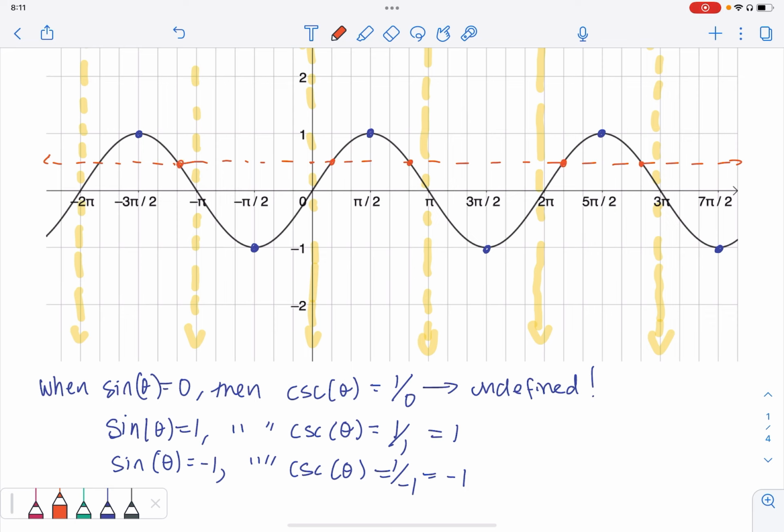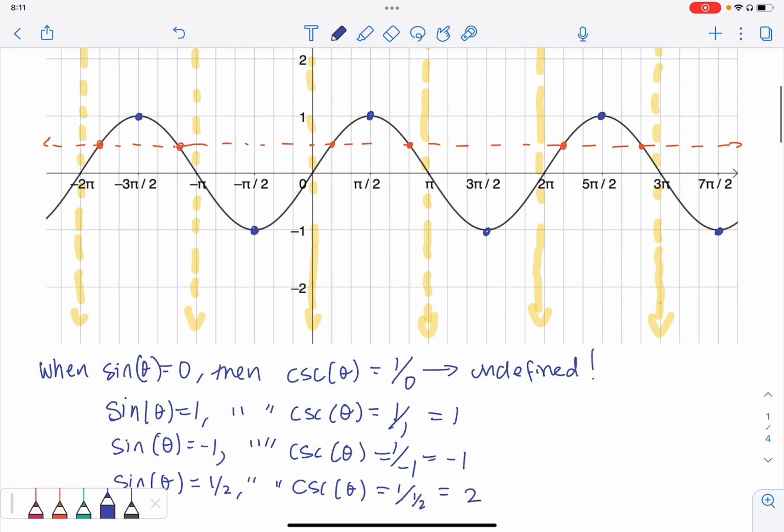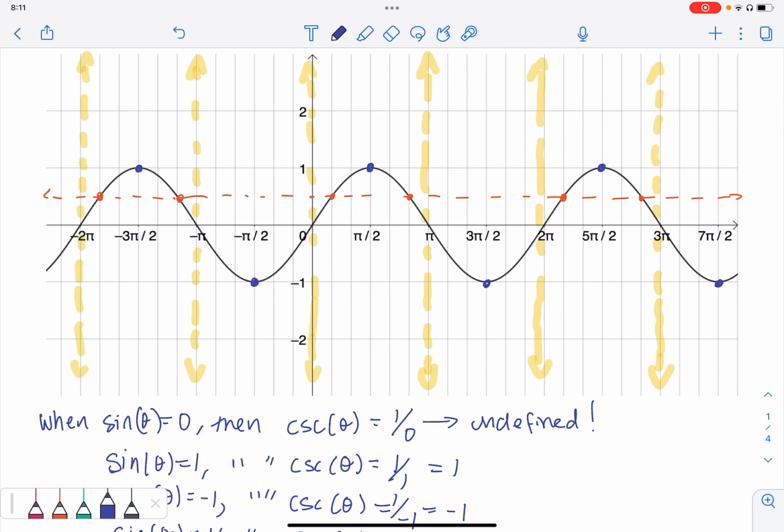But what's going to happen to my cosecant function? Well, if sine of theta is equal to 1/2, cosecant is the reciprocal, so cosecant has to have the reciprocal value. So 1 over 1/2 is just 2. So at these angles where sine has an output of 1/2, my cosecant is going to have outputs of 2.